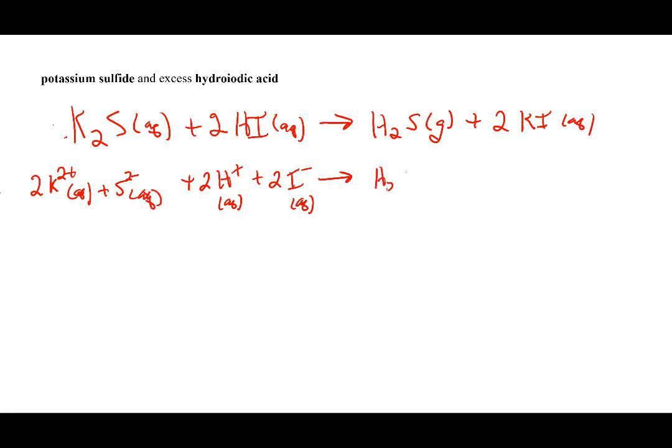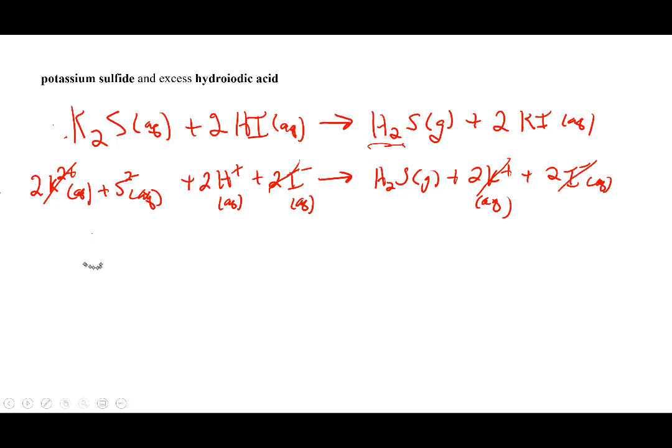That goes to make H2S gas plus 2K plus 2I minus aqueous. So the K plus is a spectator ion, and the iodides are spectator ions.